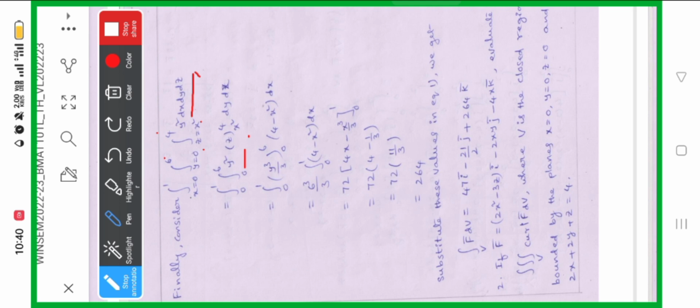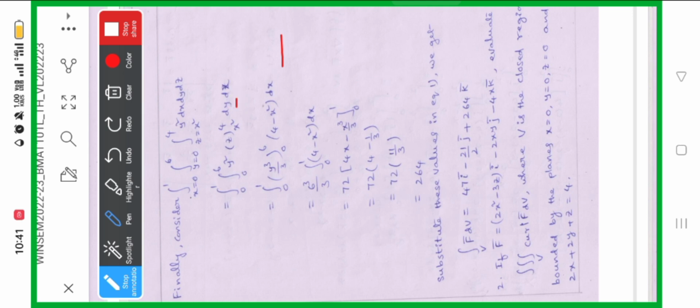You have to arrange in order, first writing one more step, arranging y square dz, dy, dx. Then we can integrate: y square, after integrating z, with limits x square and 4. In the next line, 0 to 1, and again we are integrating with dy.